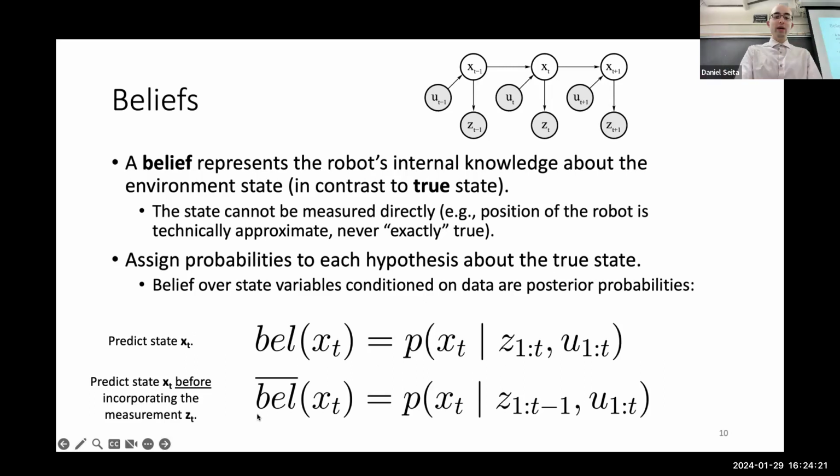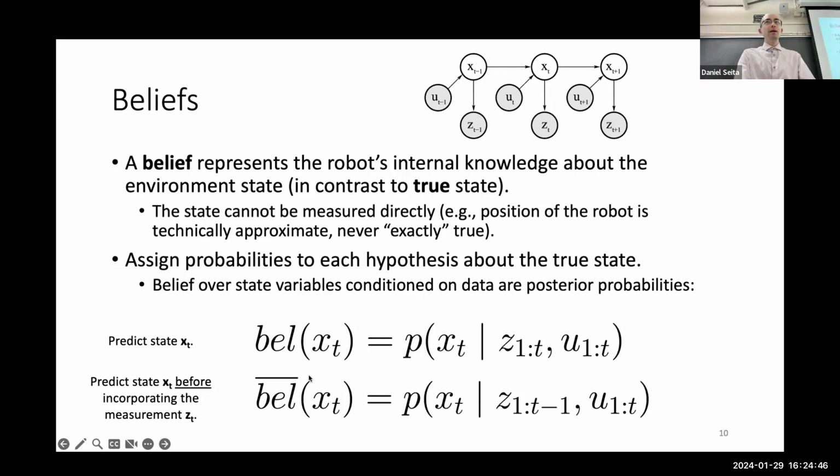If you're wondering why we care about this probability, it's because in Bayes filtering, we have this term in the algorithm which gets recursively updated based on the prior belief. So this is just a way for us to write things out a little more compactly and maybe with a little more intuition.